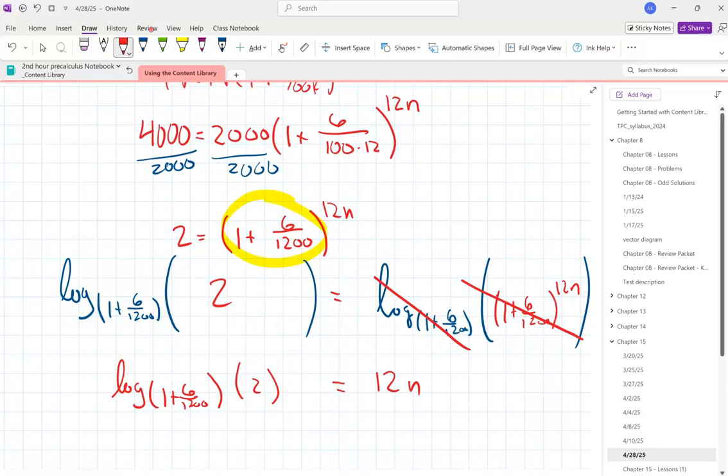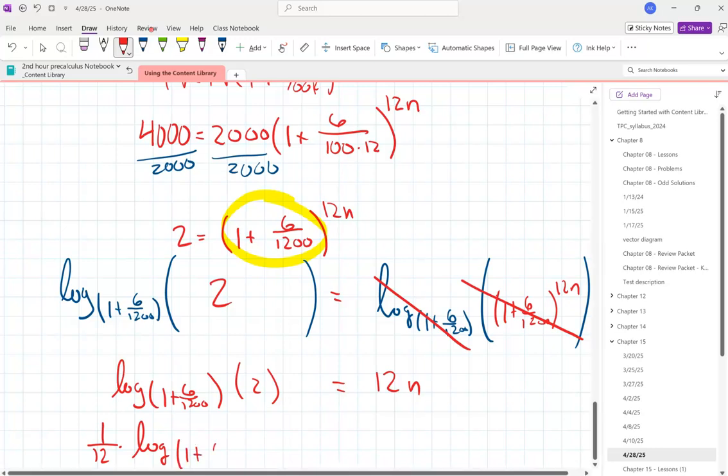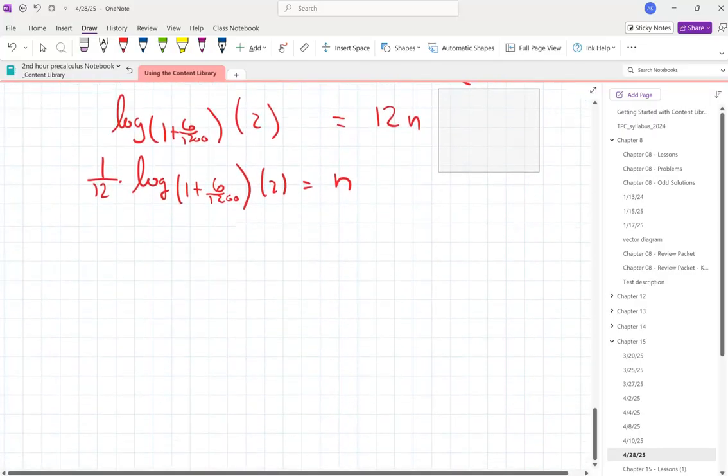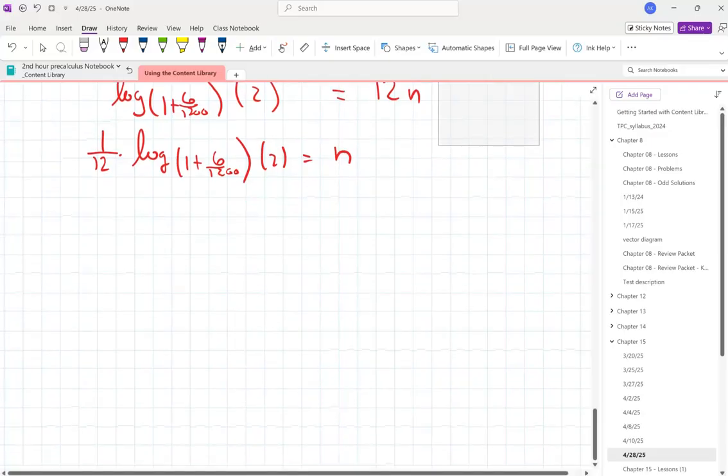And then I'll just divide both sides by 12. I'm going to write it as times 1 over 12, though, because I think it's a less confusing way of writing it. And then into my calculator it goes.